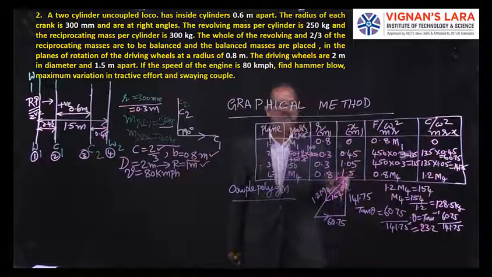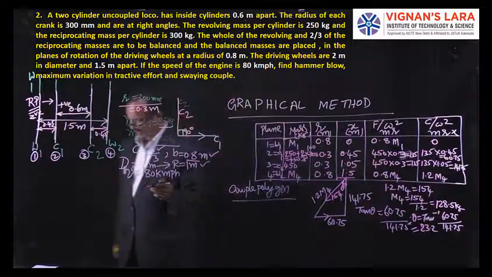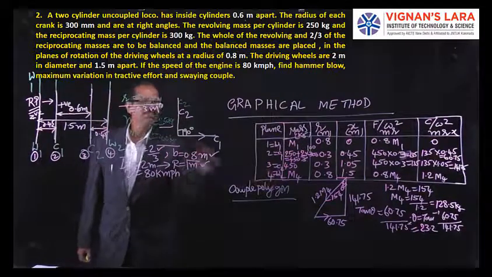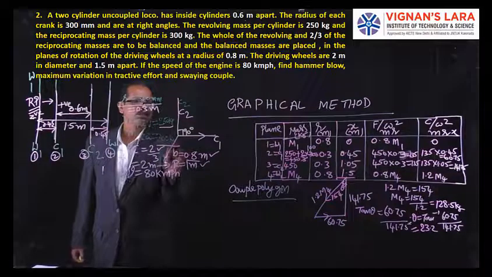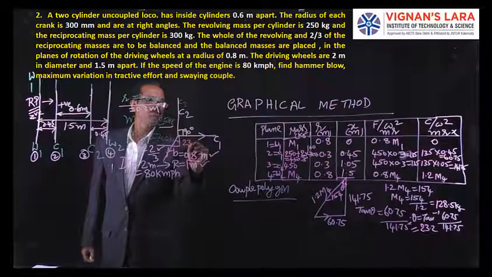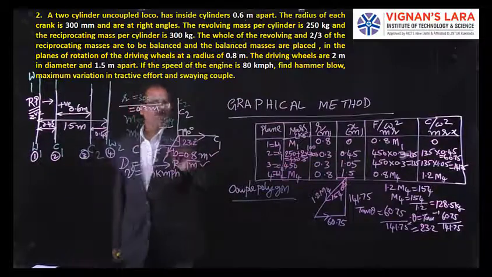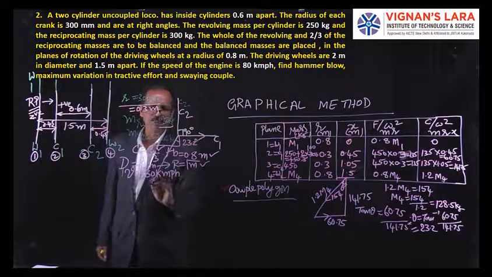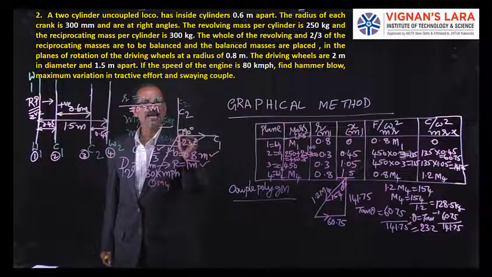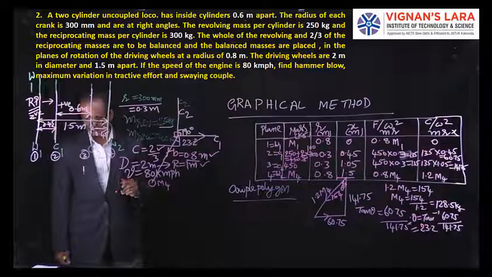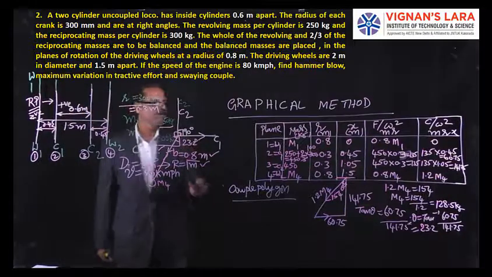So what is this angle actually? Here, if you incorporate this, this will become in this direction. This angle is 23.2 degrees. Then what will be this angle? This is the fourth mass. This is the angle we require with reference to cylinder 1. With reference to cylinder 1, this is 270.